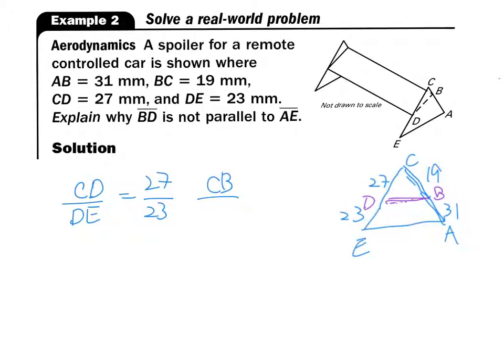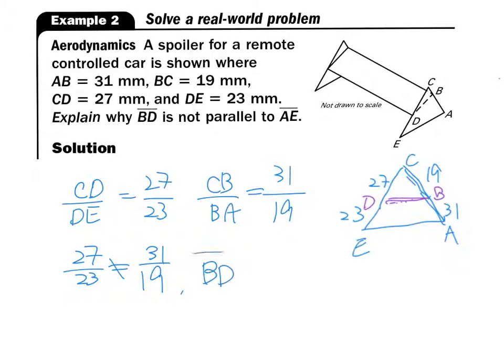And then on the other side, we have CB over BA. That's 31 over 19, another bad number. We don't like these numbers because they're more challenging. And in this case, these two don't equal each other, and therefore BD is not parallel to segment AE.